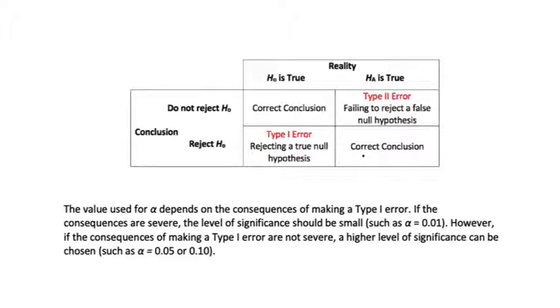That's going to be a problem. If the consequences of making a mistake in your research are not life or death, if you're doing maybe sociological research, something like that, educational research where nobody's going to die if your statistics are incorrect, then you can use a higher level of significance like alpha equals 0.05 or 0.10.